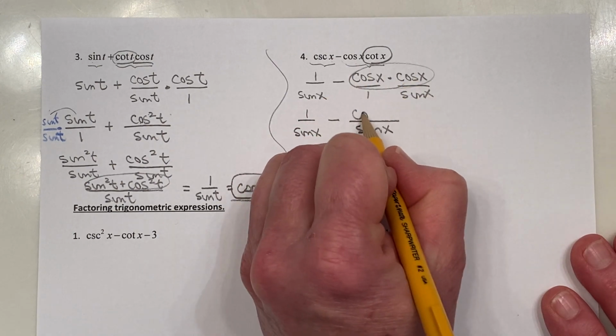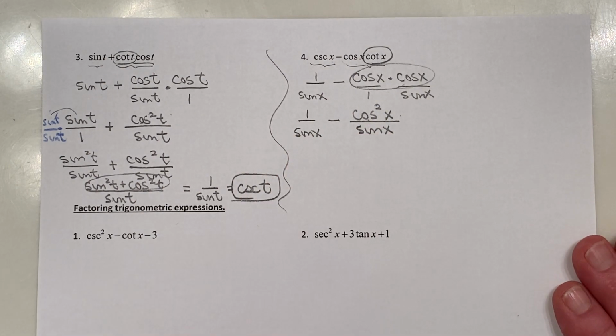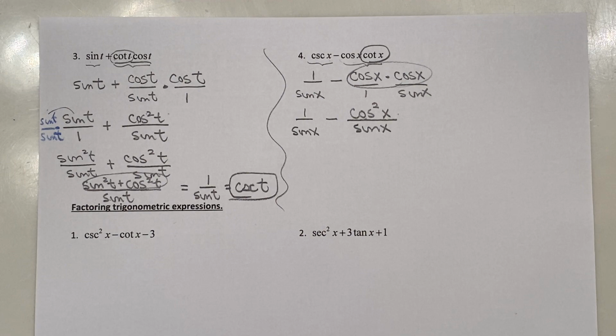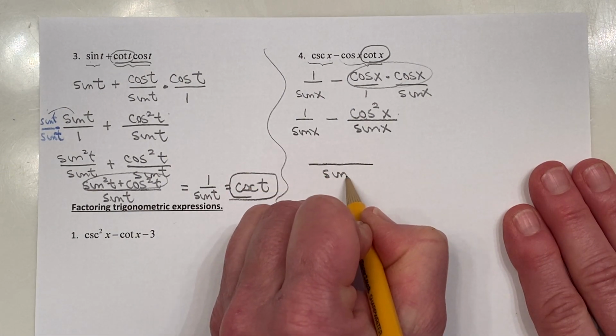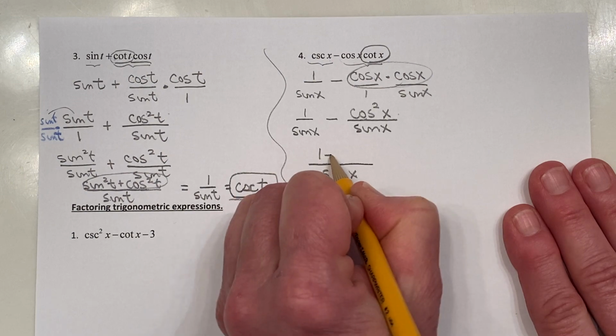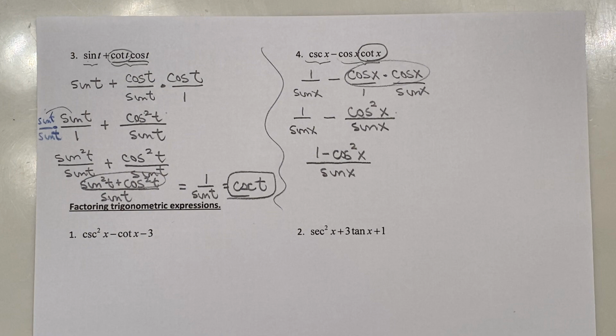Multiply these two numerators and get cosine squared x. Remember, the square is on cosine, not on x. Oh, we got lucky here. We don't have to get a common denominator because we already have the same denominator. So let's collect the two numerators, putting them over sine x. What do you remember about 1 minus cosine squared x?